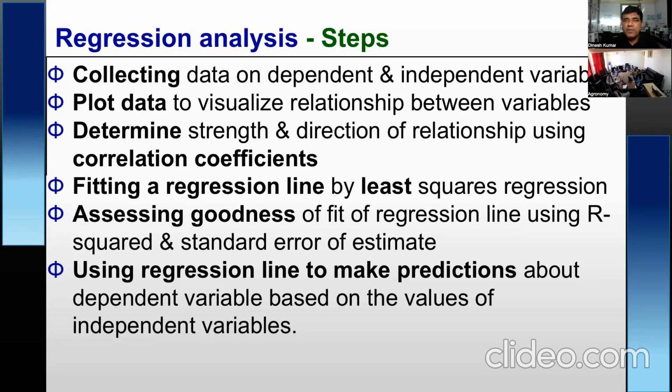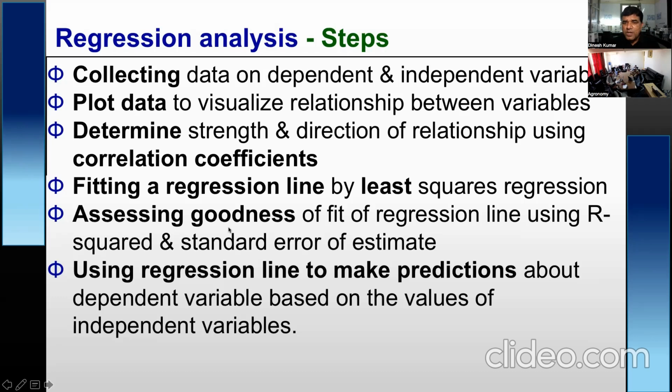Once we have fitted the line, we are not sure whether it is truly representing the data, whether this line is truly a linear line. Then we need some statistical test to see whether this line is linear. The test used is the F-test. The F-test will test the linearity of the equation, whether it is genuinely linear or not.